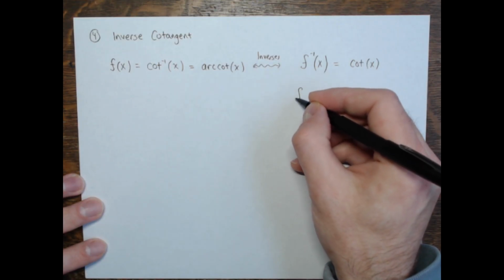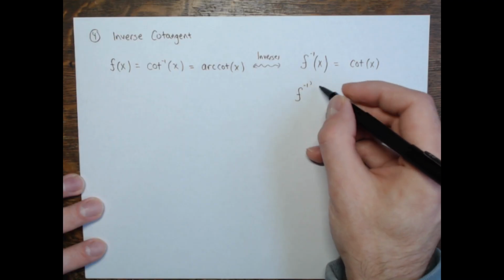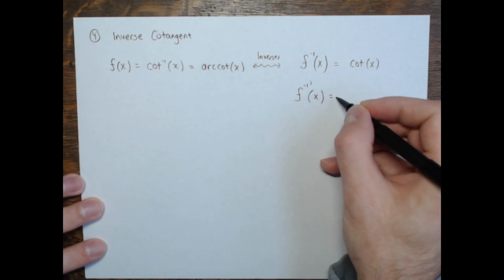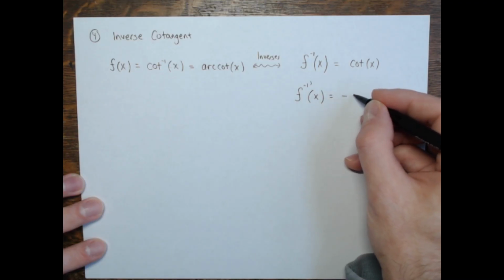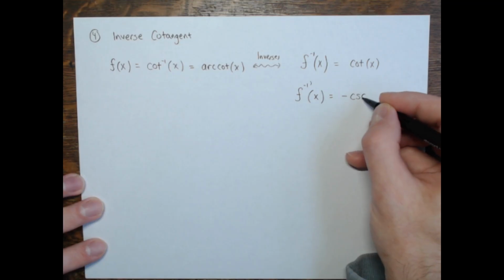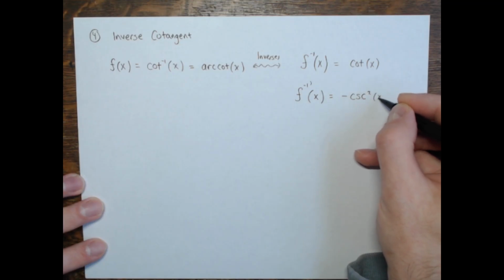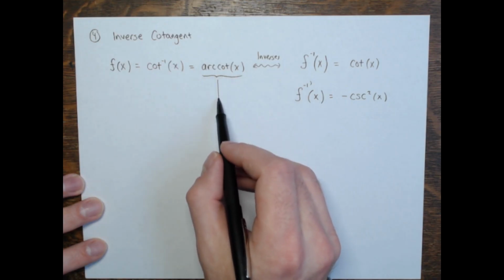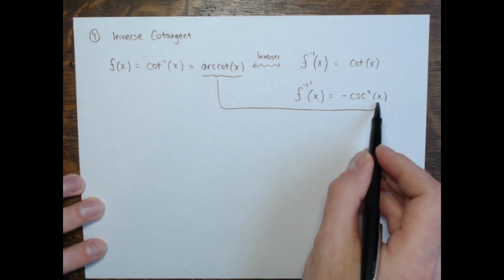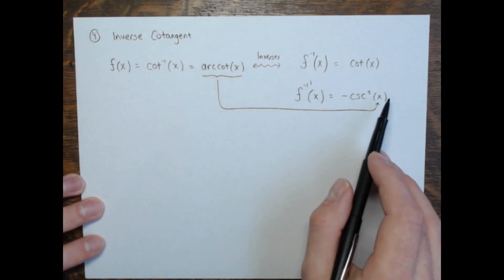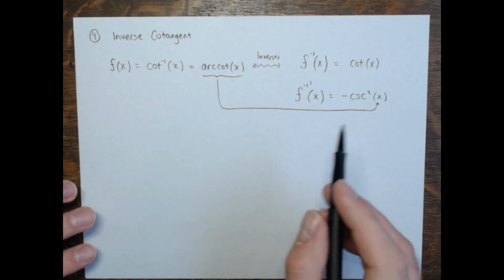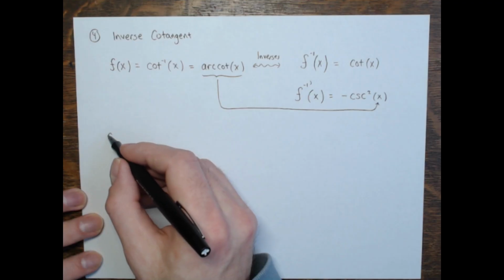And the derivative of the regular cotangent, so f inverse prime here, was the opposite of cosecant squared. And then I'm putting the original function inside the derivative of the regular cotangent, right? And taking the reciprocal of that, right?